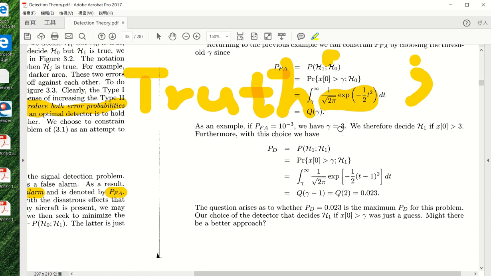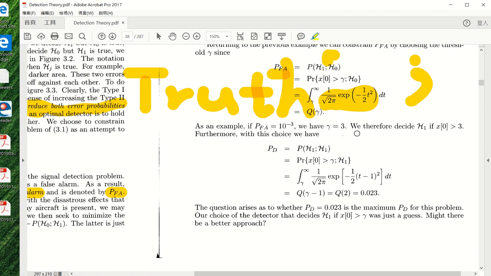A lot of things are non-closed-form, but you have to calculate them. There are various approaches, and the numerical approach is one of them. So I would say if you set Q of gamma equal to 10 to the minus 3, then gamma will be equal to 3.